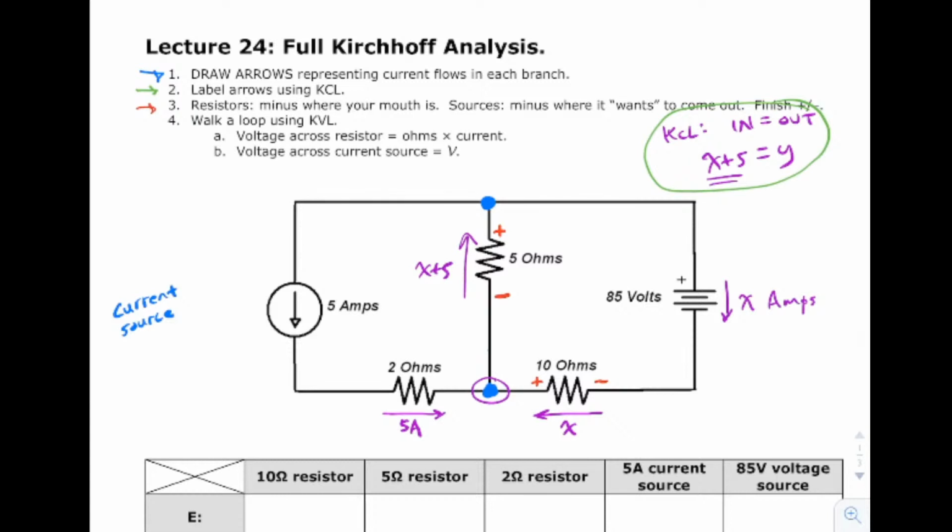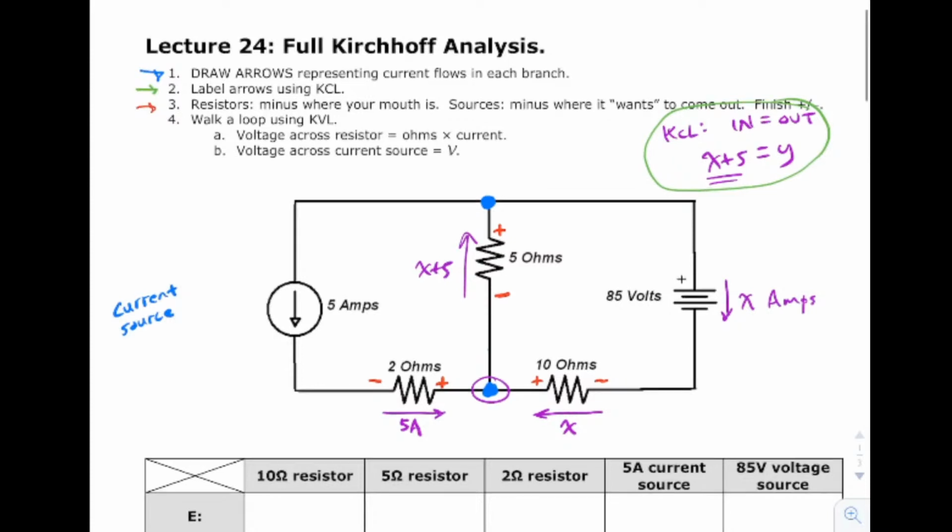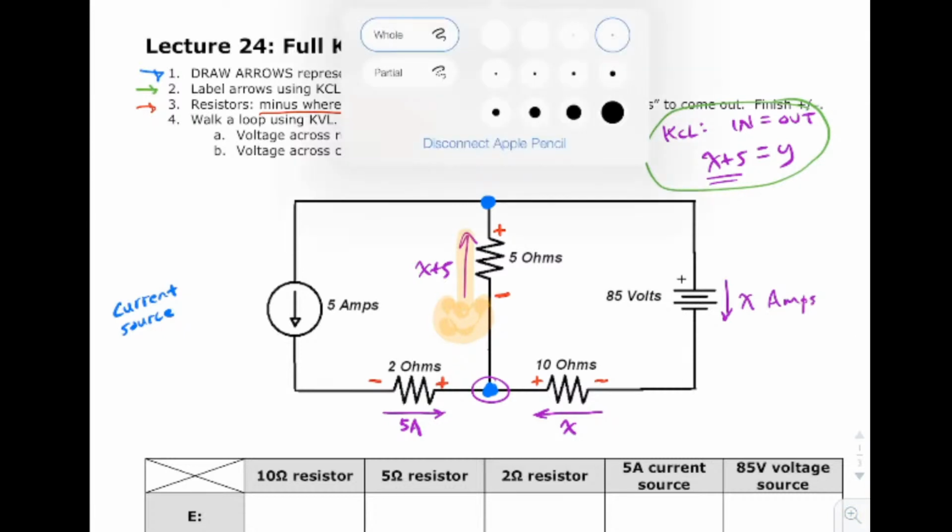Here's a resistor. Looking only at the current through the resistor, you say, well, it's coming in the left side. And it's going out the right side. So that's how you do resistors. I say minus where your mouth is. If you think of it, you have to blow through this resistor to get it to flow. You're blowing through the resistor. Well, your mouth is kind of over here. That's supposed to be a mouth. That doesn't look like much of a mouth, does it?